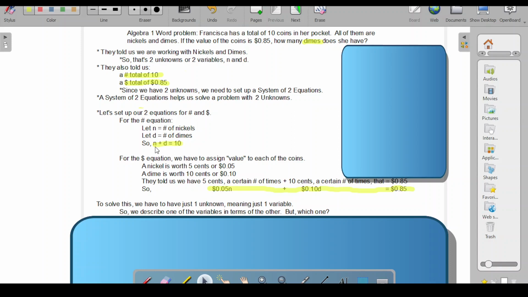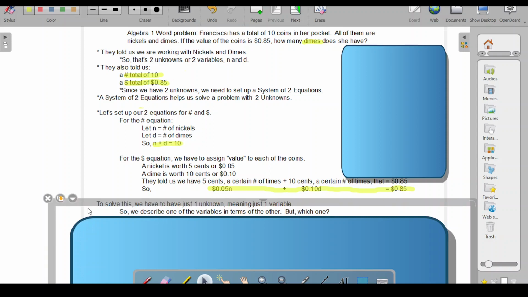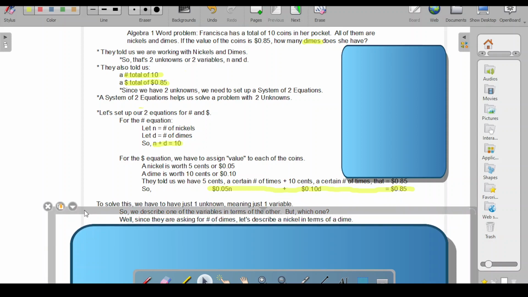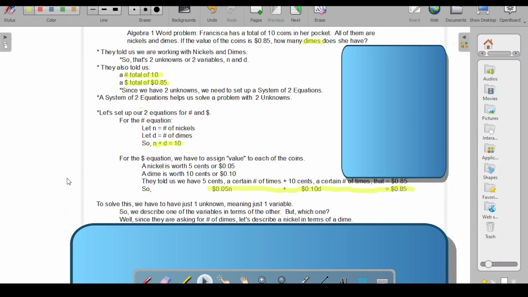Well, which one should we use? Since they're asking for the number of dimes, let's describe a nickel in terms of a dime, so that we can get rid of the nickel.